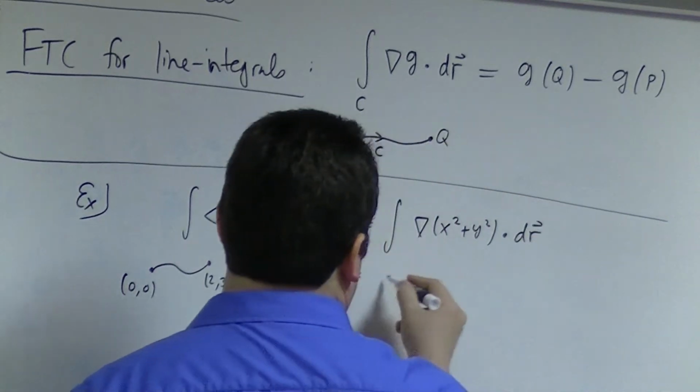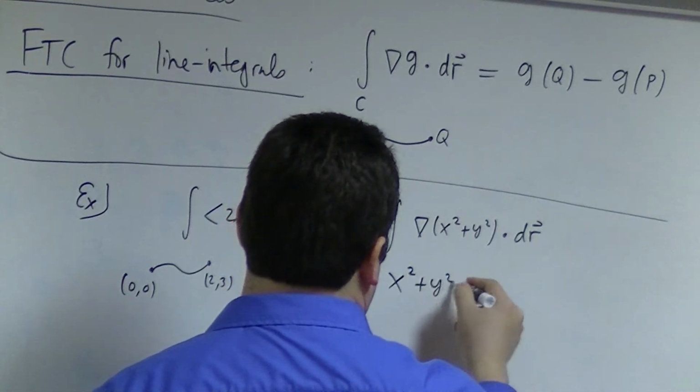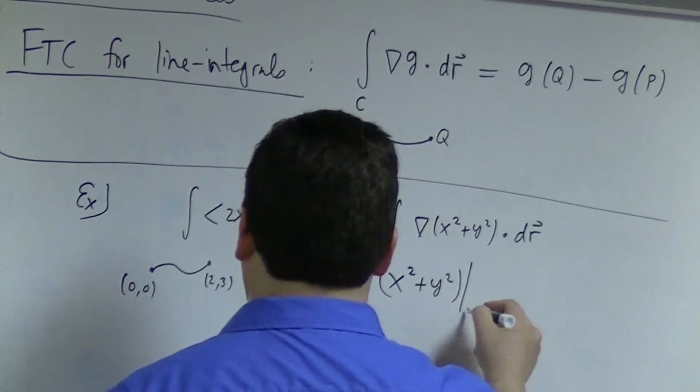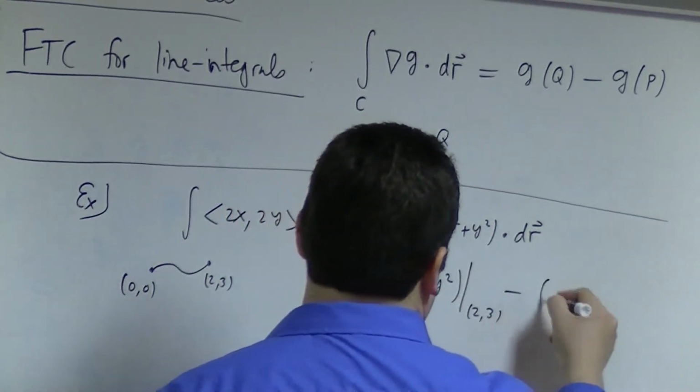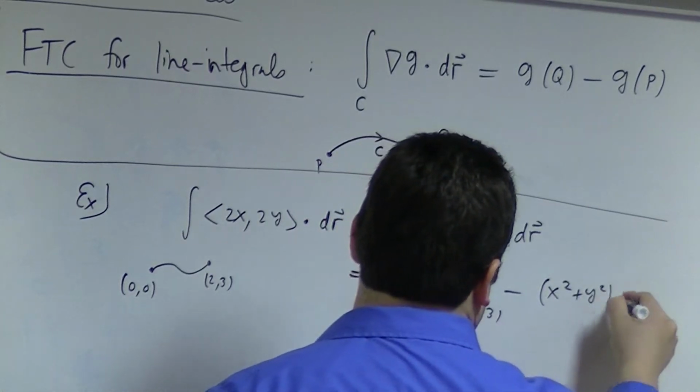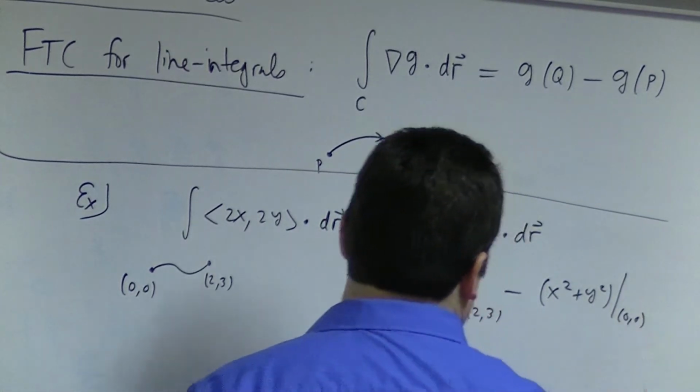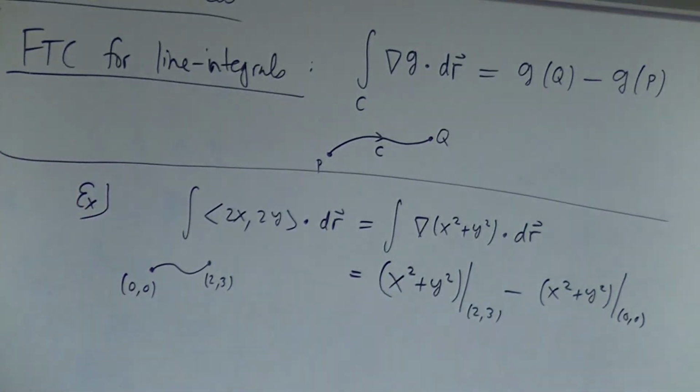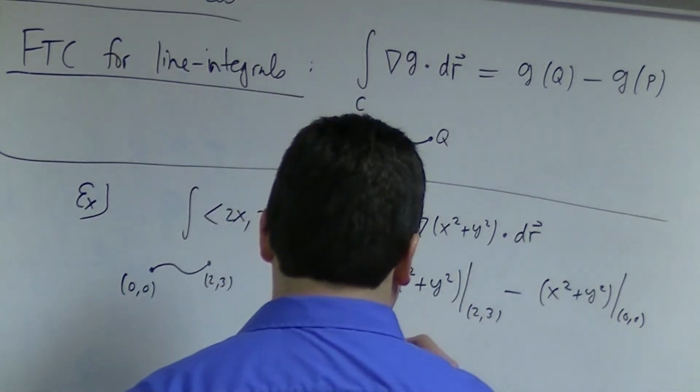So all I have to do is evaluate x squared plus y squared at the point 2, 3, minus x squared plus y squared at the point 0, 0. The fundamental theorem of calculus for line integrals says that's it. That means 4 plus 9, 13.